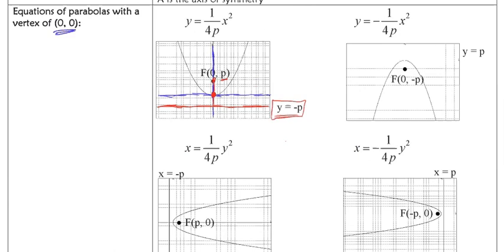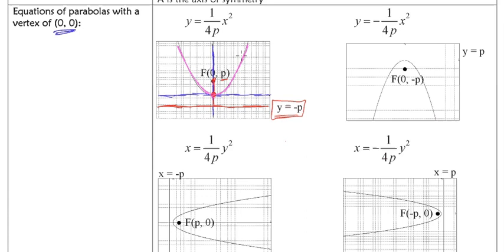Now the equation of the parabola itself uses that same p-value in this equation right here: y equals 1 divided by 4p times x squared, where p again is just the distance from the vertex to the focus.